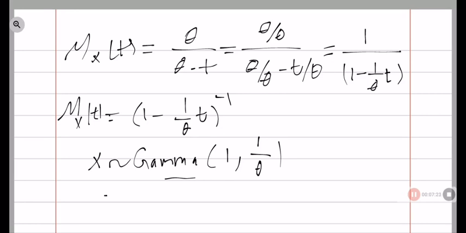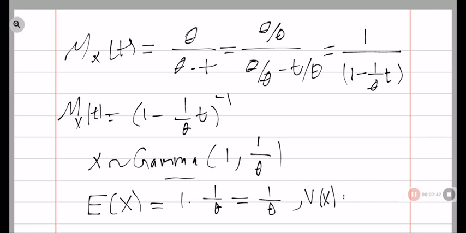And we can find, for example, the expectation of X, which equals 1 times 1 over theta, which equals 1 over theta, and the variance of X will equal 1 over theta squared.